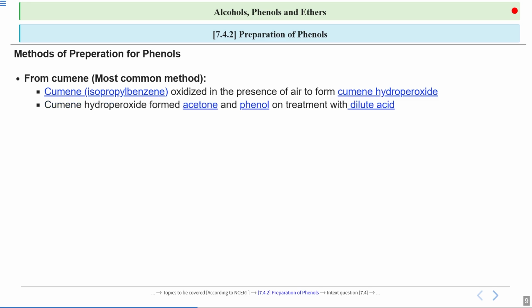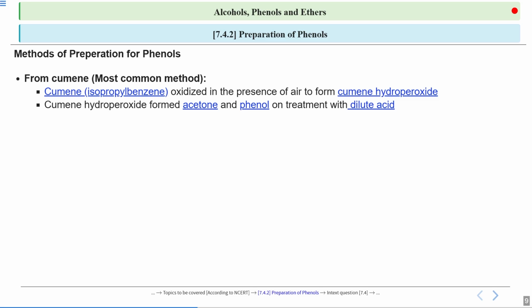When the oxygen molecule from the air is attached to the isopropyl group in the benzene, you will get a cumene hydroperoxide, then it will react further to form acetone and phenol on treatment with dilute acid. So you do the acidification of cumene hydroperoxide and you will get your product as phenol.